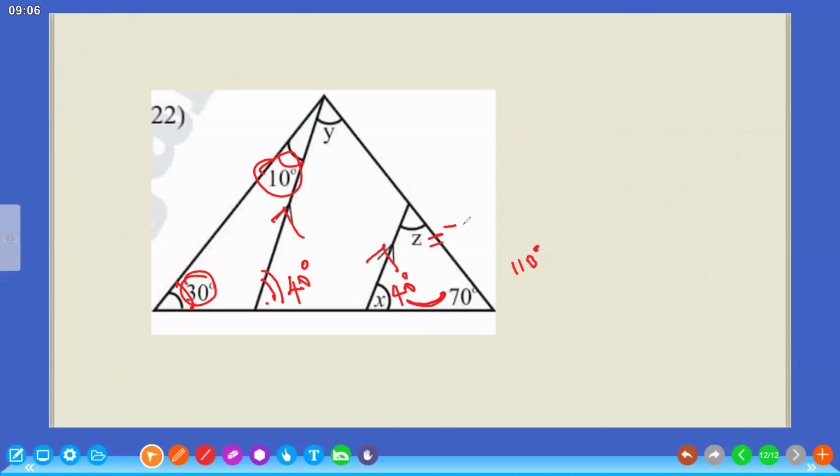So this is 70. If this is 70, this one is 70. Is it okay? Right. Next.